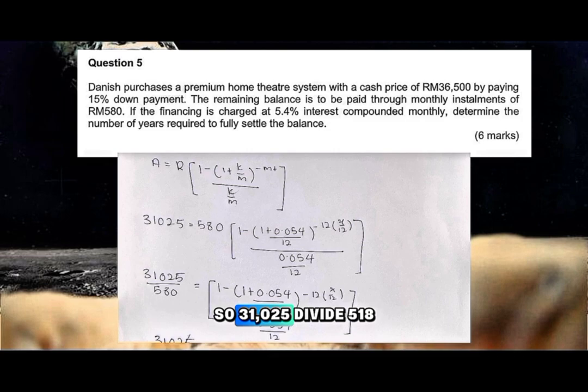So 31,025 divided by 518 equals [1 - (1 + 0.054/12)^(-12X)] / (0.054/12).